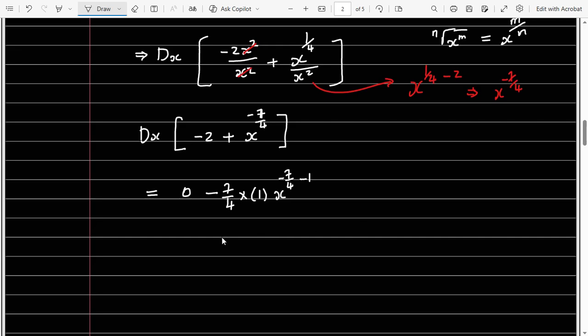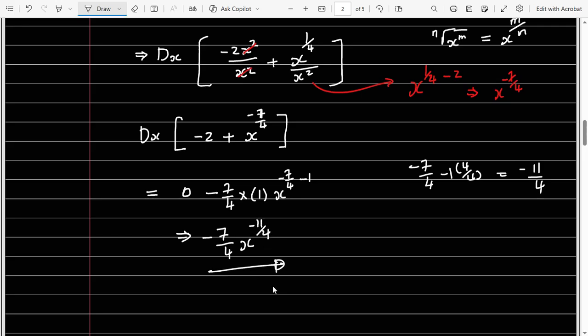You can also say this is equal to minus 7 over 4, then x to the power. If I have minus 7 over 4 and I subtract 1, this is 4 over 4, with the top part gives me minus 11 over 4. So the answer is x to the power minus 11 over 4. So this is your answer.